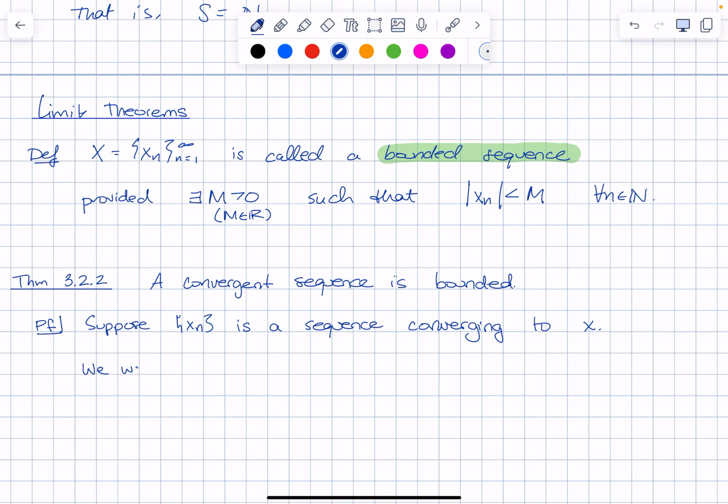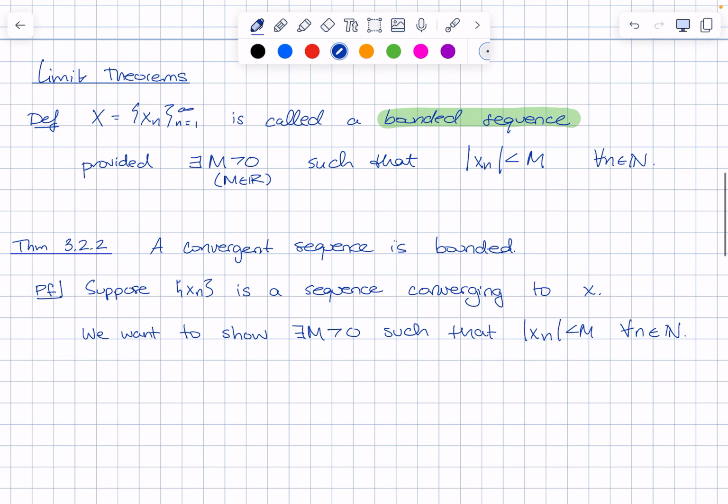We want to show there exists an m greater than 0 such that |xn| is less than m for all n in the naturals. Okay, just using our definition here of what a bounded sequence is.